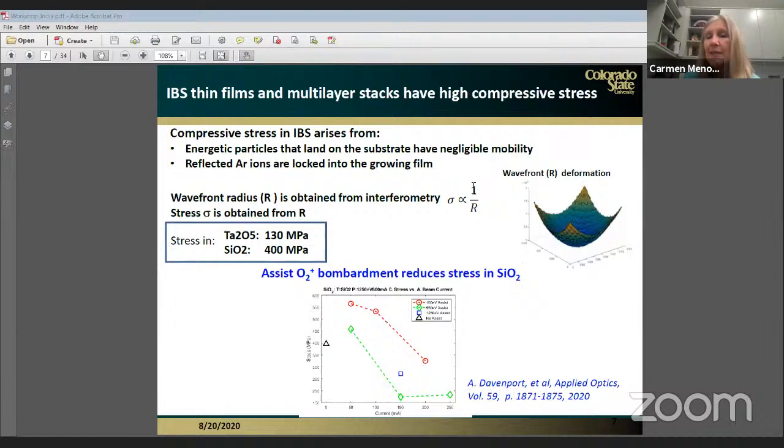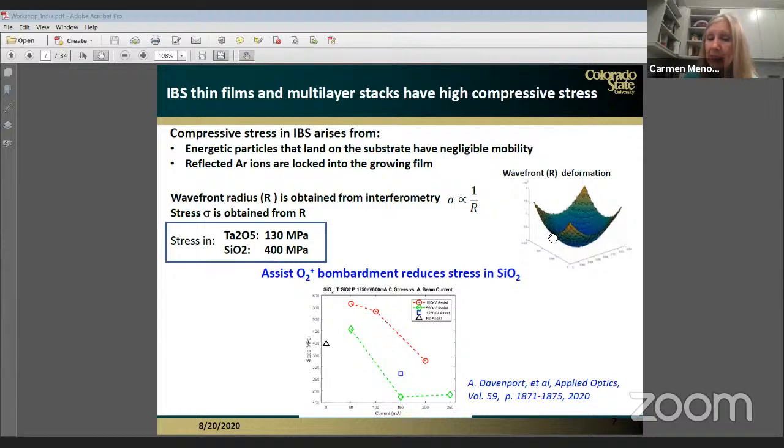The way that this interferometer works, in interferometry, what we measure is wavefront deformation. And this is the wavefront that a substrate of silica generates whenever it is coated with one of these materials. If you see such a large curvature, then for sure the stress is very high.